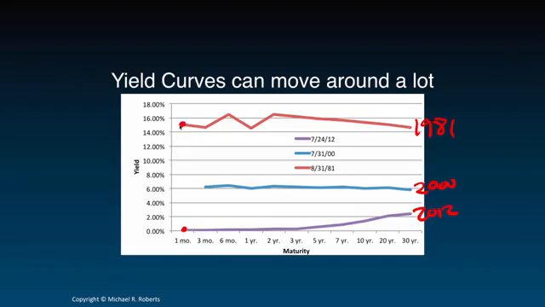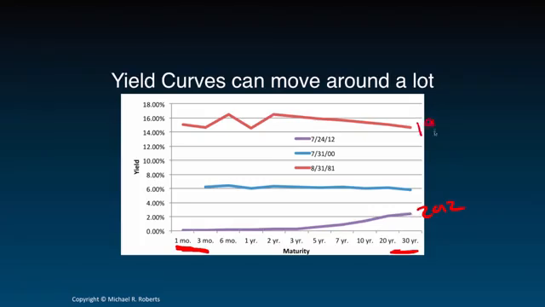The other thing I want to point out is that the relationship between the short end of the yield curve, short-term interest rates, and the long end of the yield curve, long-term interest rates, can vary over time as well. Here, at least in 2012, we see that the curve is upward sloping, so that short-term loans to the government are less costly than long-term loans.